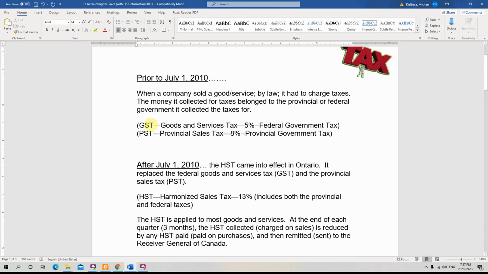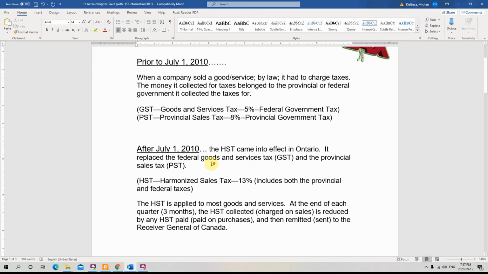Prior to 2010, you had to send the GST portion to the federal government and the PST to the provincial government, so you had to send it to two different places. Now you're just sending it to the federal government, and they are divvying it up to the provinces.